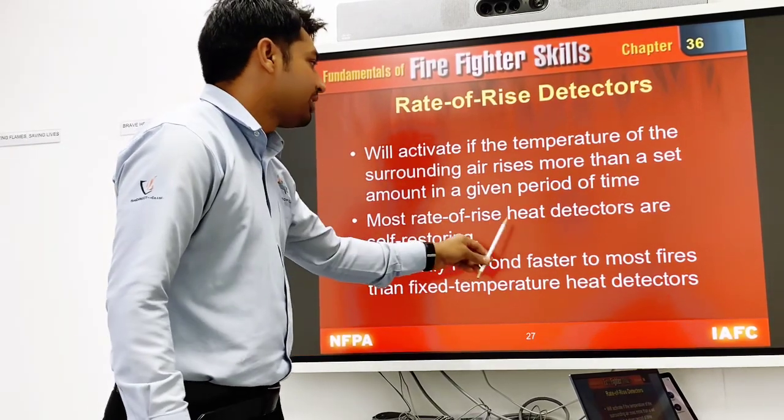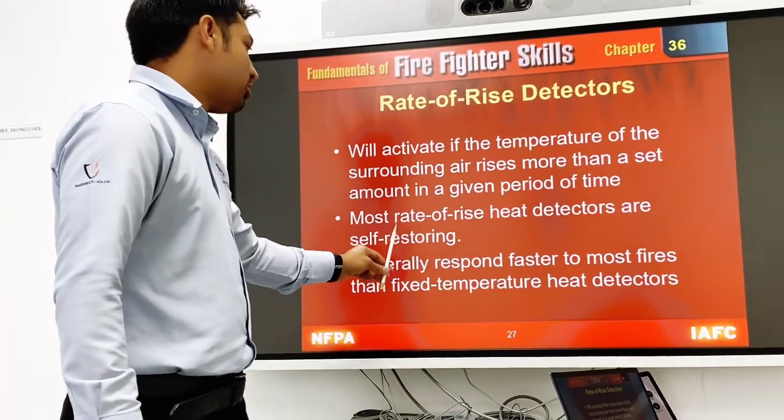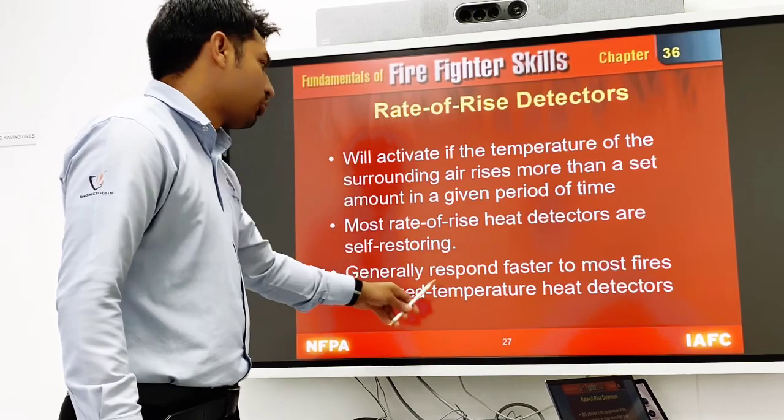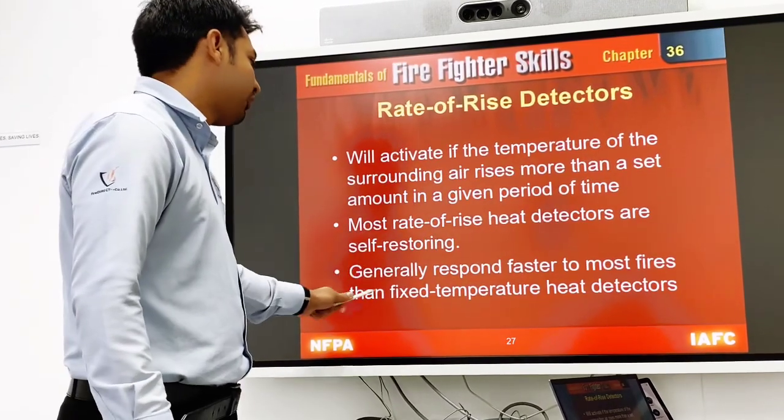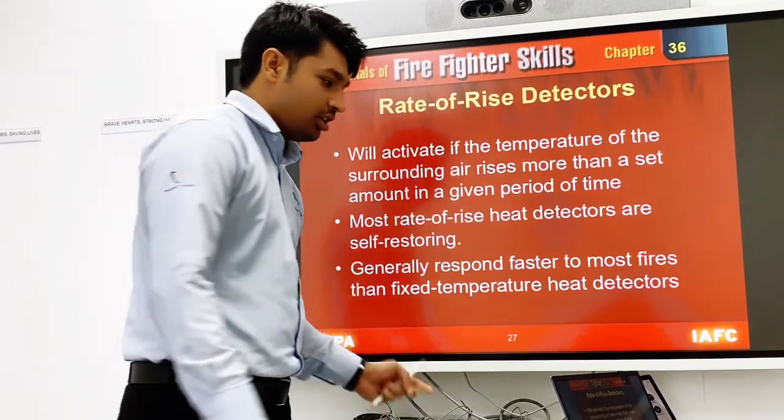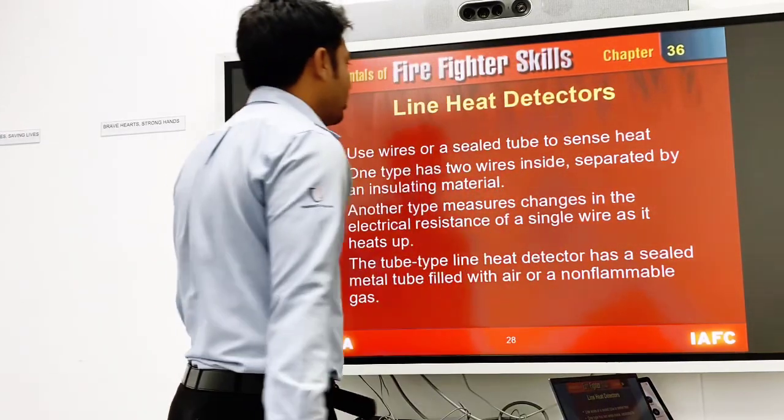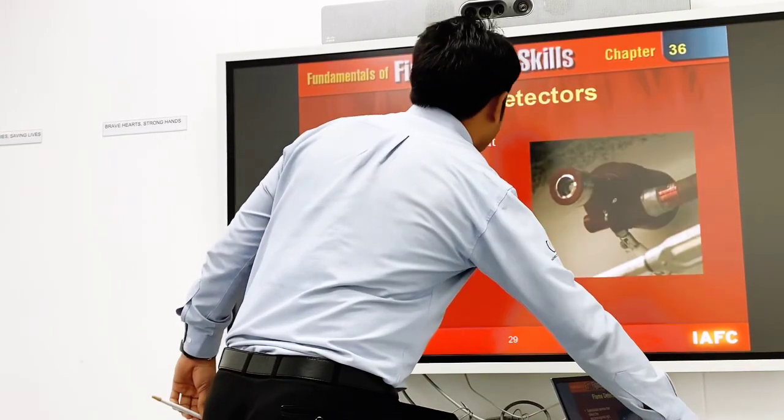Most rate of rise heat detectors are self-restoring and generally respond faster to most fires than fixed temperature heat detectors. These are very simple things; we have already discussed them, so we move ahead.